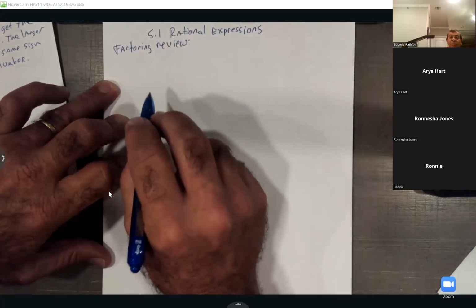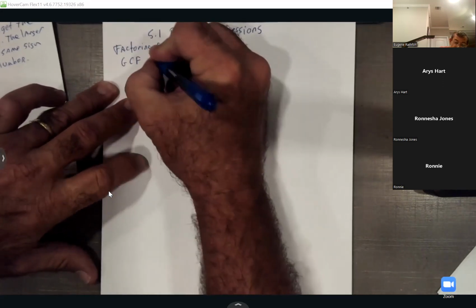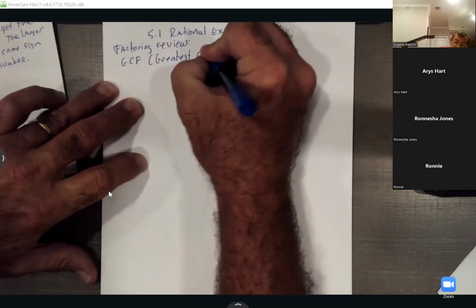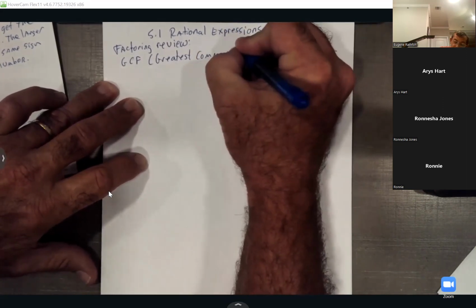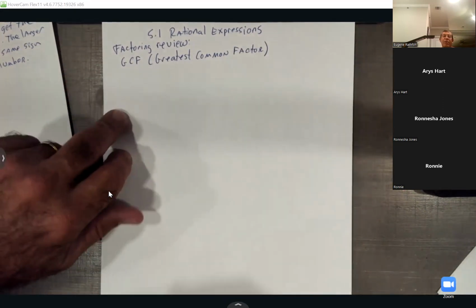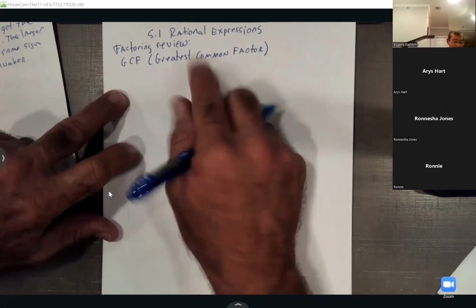So the first thing I'll review for factoring is what we call a GCF, which is the greatest common factor. So that's the first thing I look for when I factor: does it have a greatest common factor?